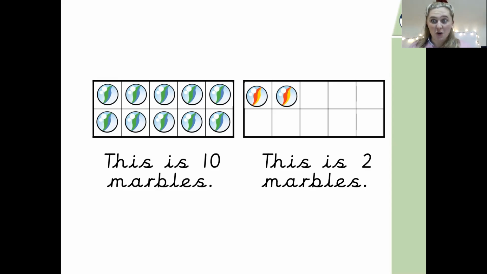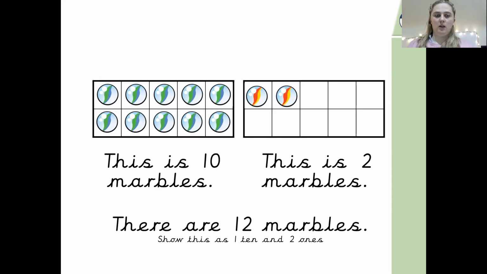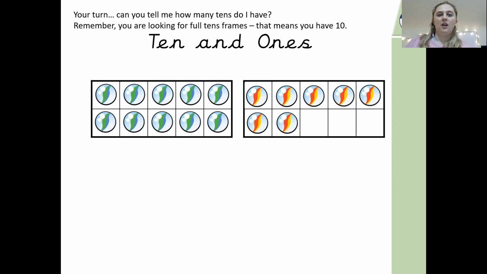This is 2 marbles. So there are 12 marbles altogether. If I was showing that with my little blocks, it would be 10 and 2. Yeah? 10 and 2 make 12. 12 marbles.